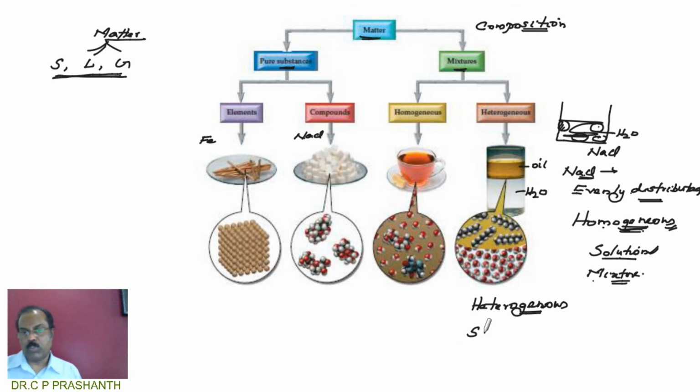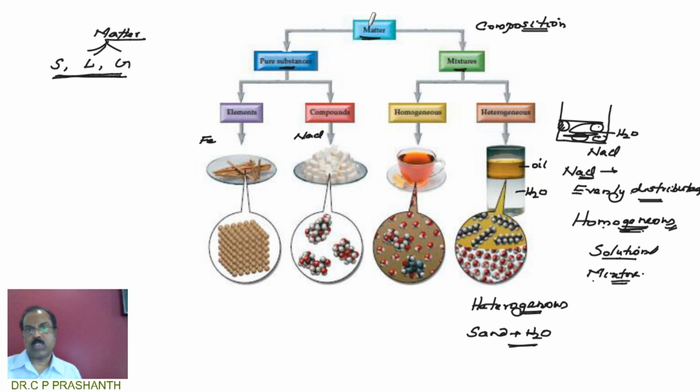Another example, if you put sand in water, this will make a heterogeneous mixture, not a solution, because sand will settle down at the bottom, so it will not be the same at every part of the mixture, so it comes under heterogeneous.